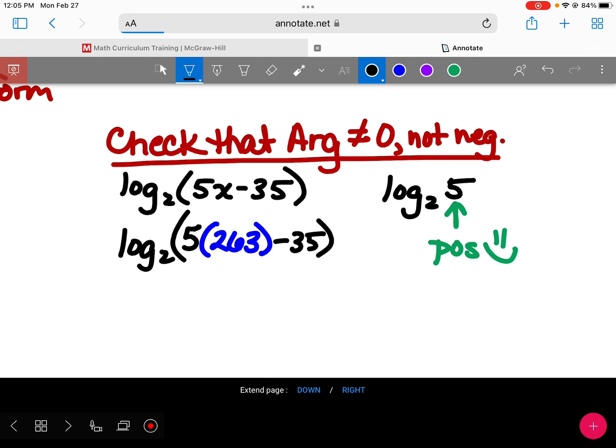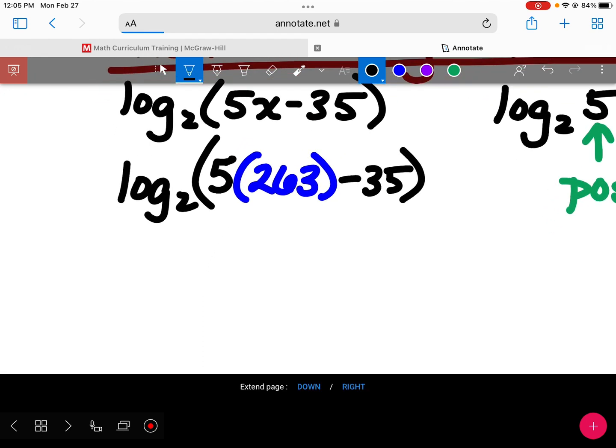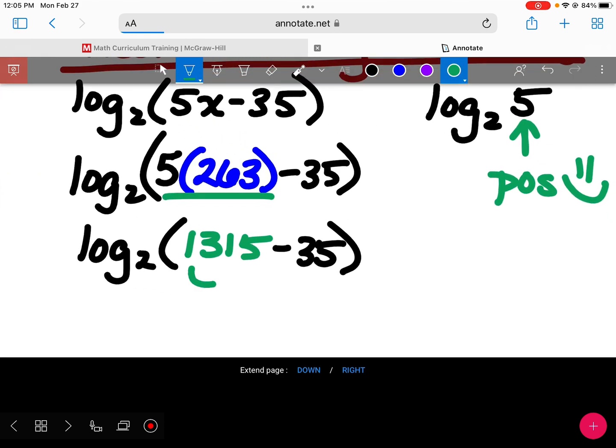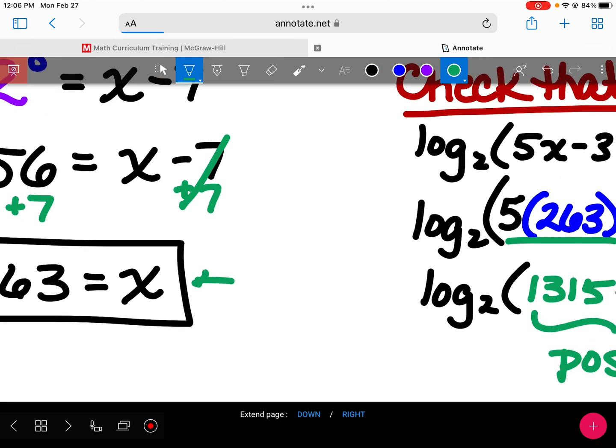What is 5 times 263? 263 times 5. $1,315. If I subtract 35 from that, will that be a positive or a negative number? Yep, that is positive.